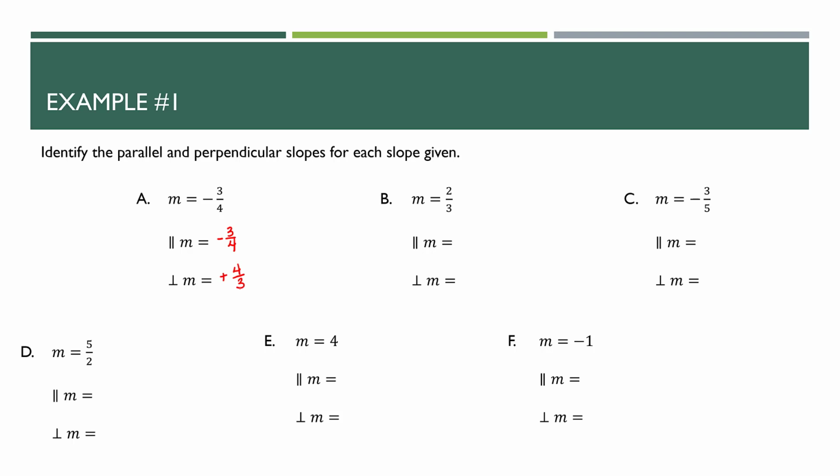So we're going to work through all of these. So example B here, my slope is 2/3. Parallel, that's these two lines. Parallel slope is the same, so 2/3. And then perpendicular means opposite. My original slope is positive, opposite negative, and then reciprocal, flip it over.